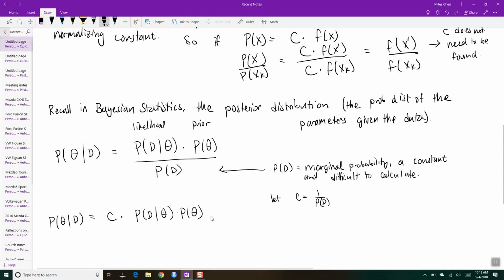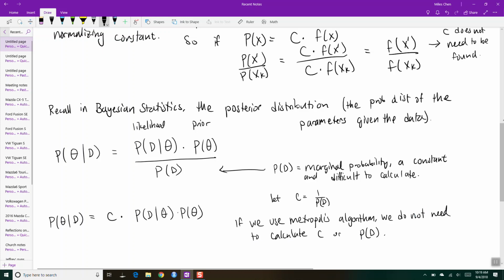And if we use the Metropolis algorithm, we do not need to calculate C or this marginal probability.